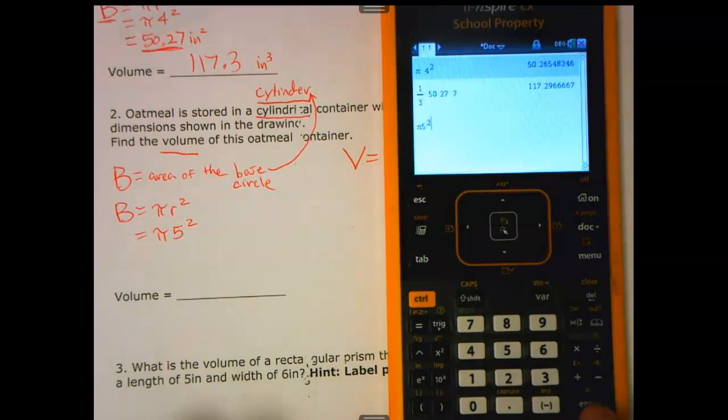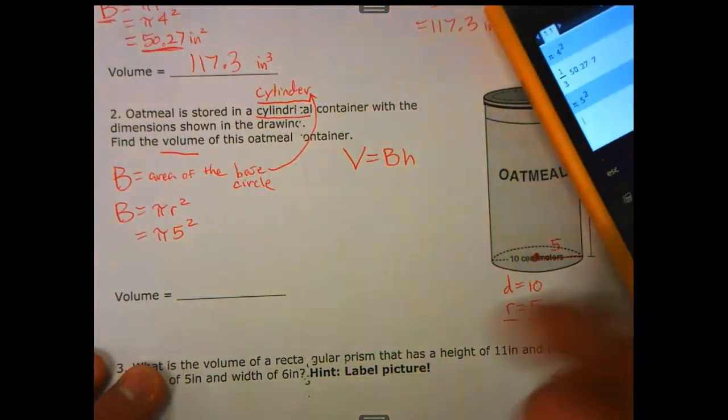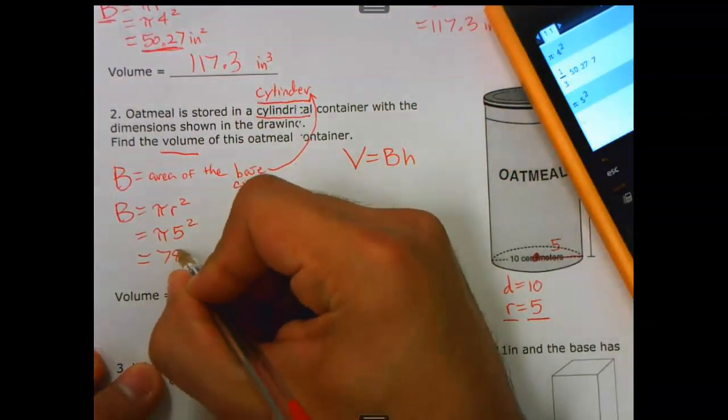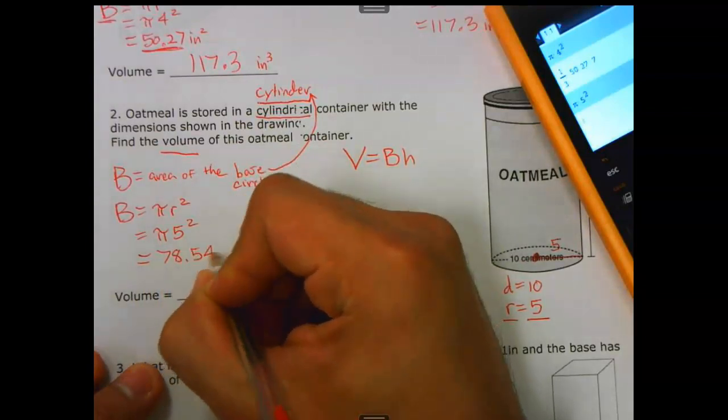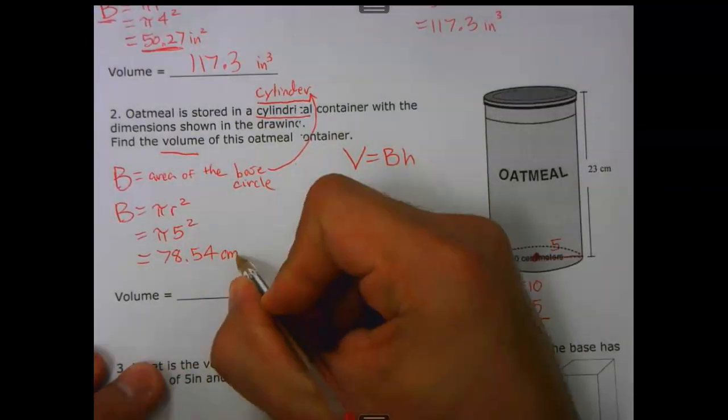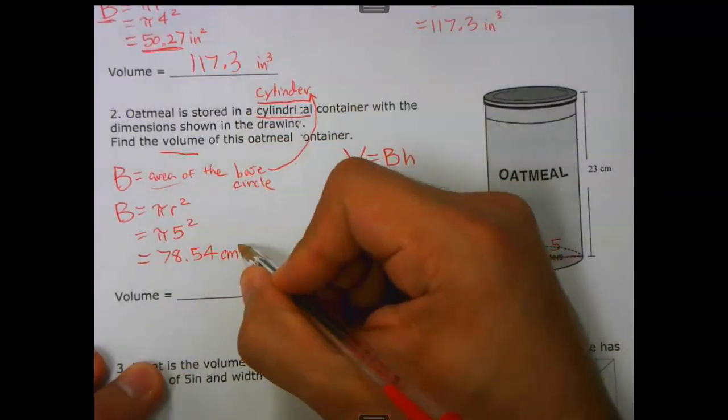Pi 5 squared, hit enter, and I get 78.539. The 9 makes the 3 round up, so 78.54. And my units of measure are centimeters. Since this is an area, areas are going to be squared.